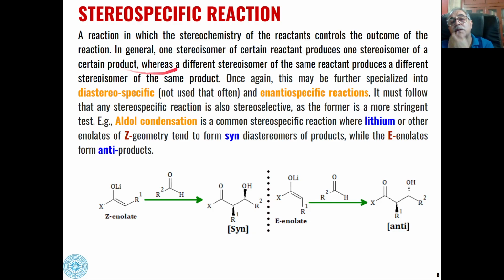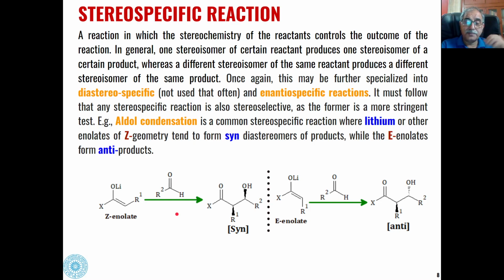So in general, one stereoisomer of a certain reactant will produce one stereoisomer of the certain product, whereas a different stereoisomer of the same reactant will produce a different stereoisomer of the same product.